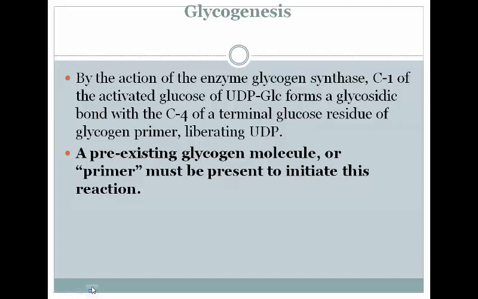But the important thing is that there must be a pre-existing glycogen molecule.